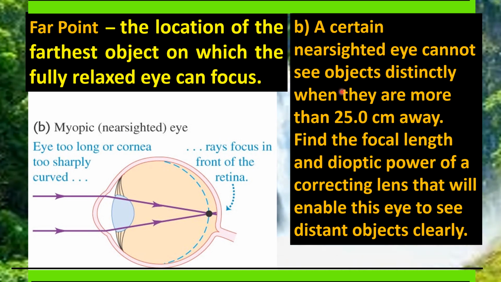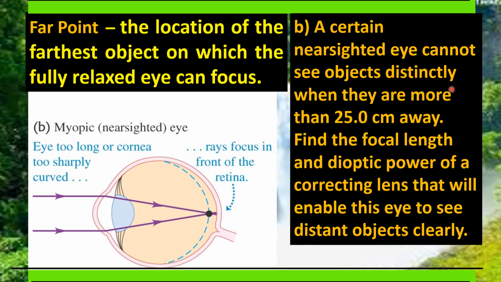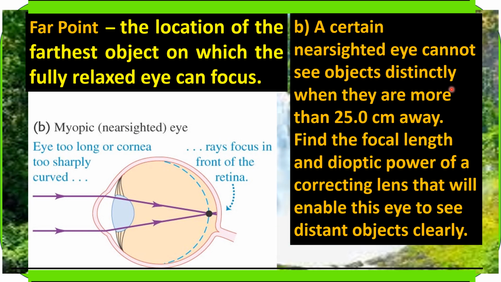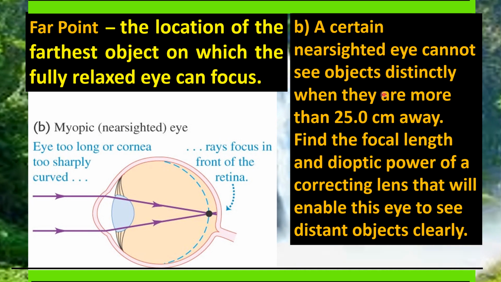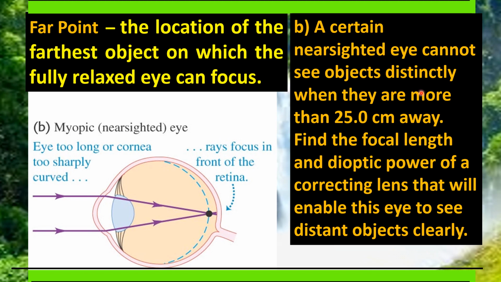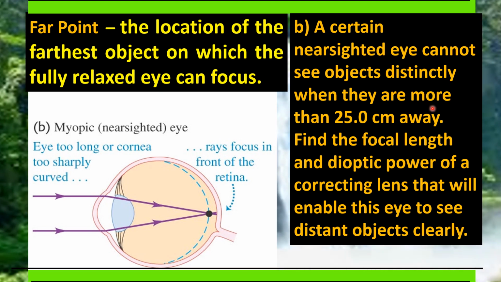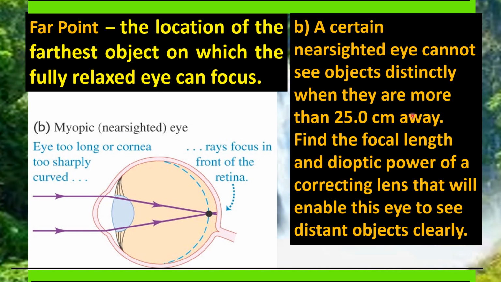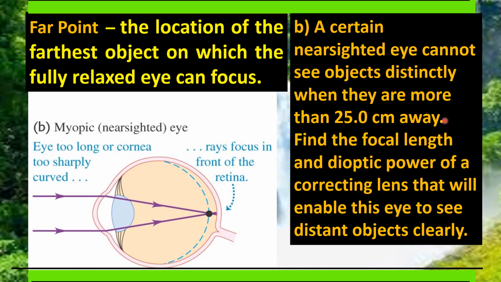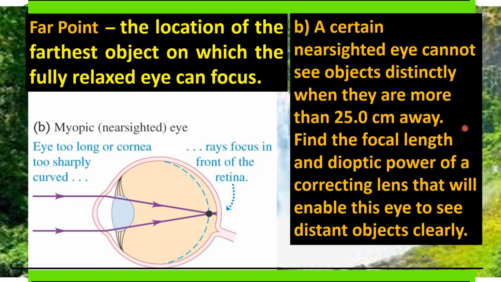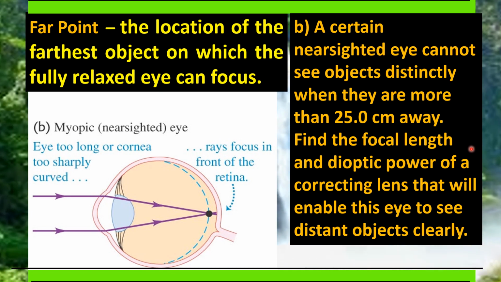As stated in the problem, the nearsighted eye cannot see objects distinctly when they are more than 25.0 centimeters away. Therefore, 25.0 centimeters here is the distance from the eye known as the far point.